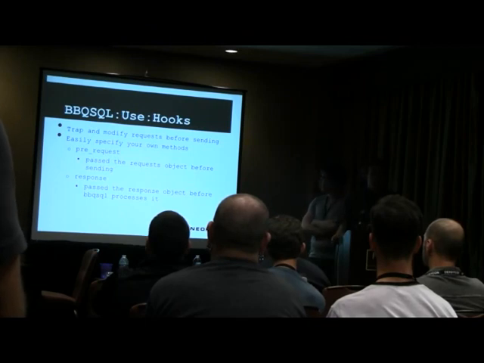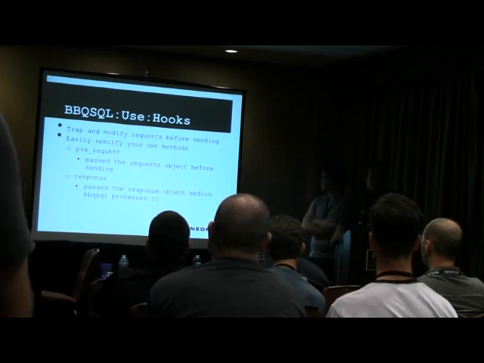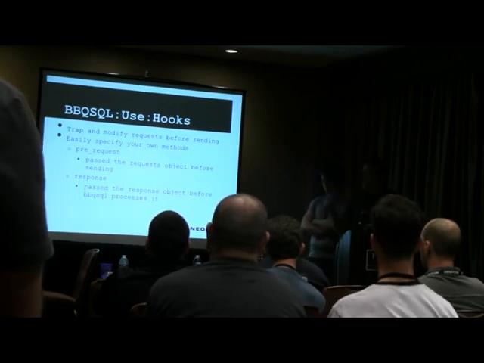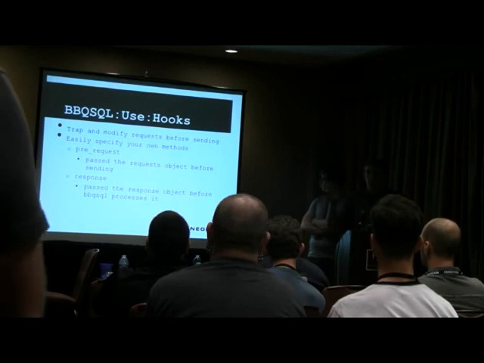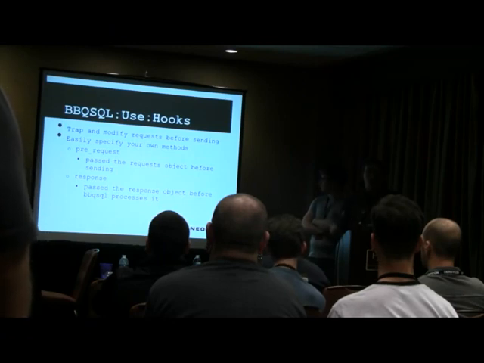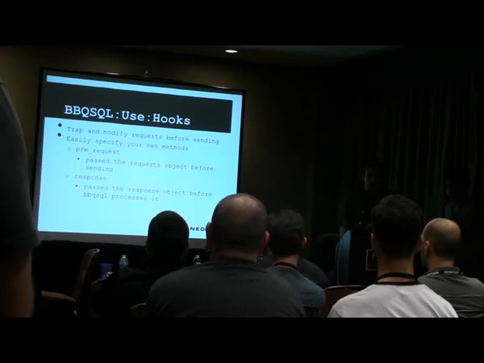The way that this works is that you write a little Python script with a method called pre-request or response. The pre-request method gets passed the HTTP request object before it gets sent out, and you can do whatever kind of data munging you want. If you need to do some really bizarre stuff to make your exploit work, you can do that here. And then it gets passed along to the application.